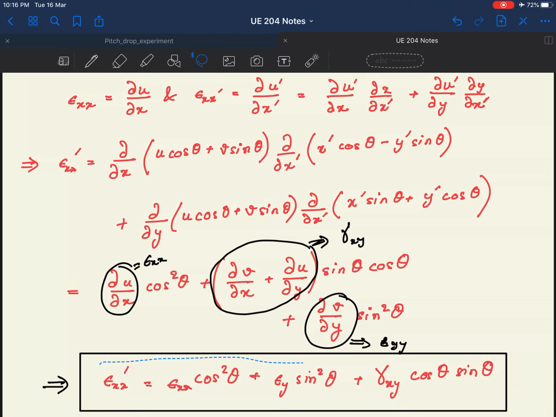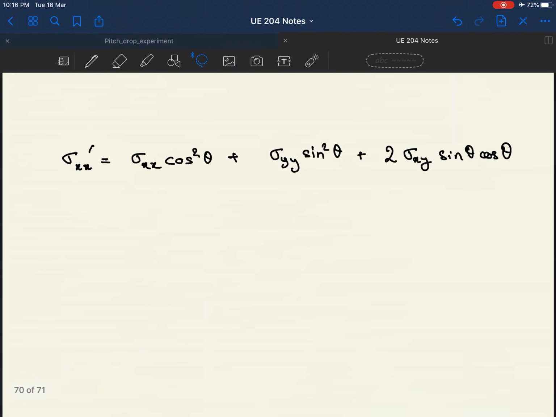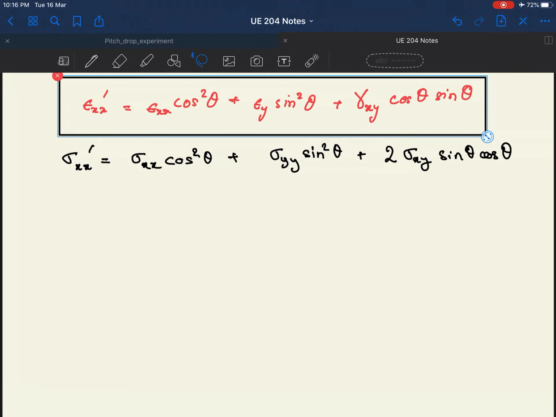Okay, nice. So now compare these two equations.